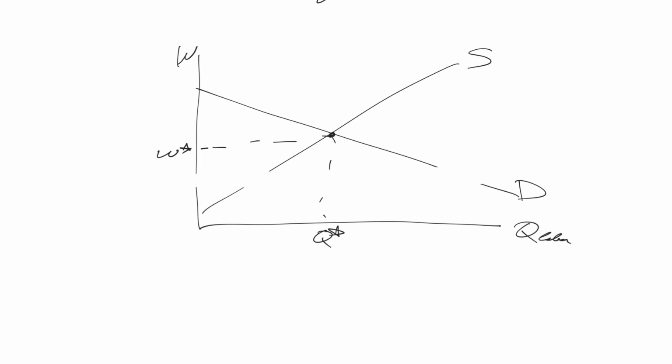Okay, so let's say the minimum wage is up here. So what's going to happen? Here's the equilibrium wage, but government says that's not high enough. That's not going to do it. So with the new higher wage, quantity demanded falls from here to here.